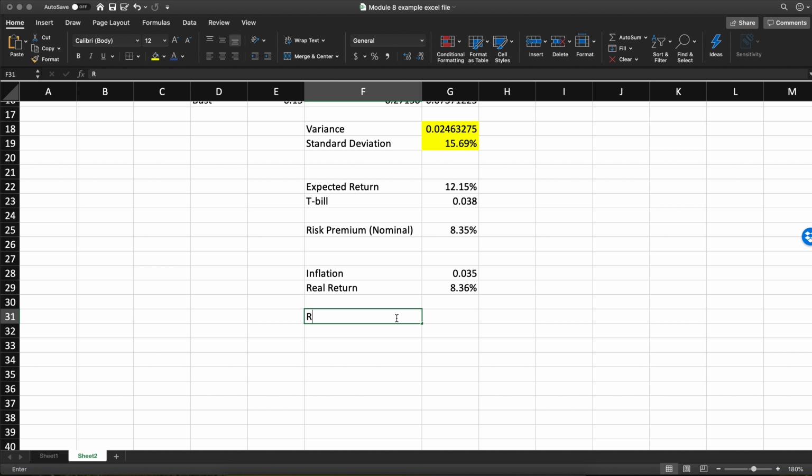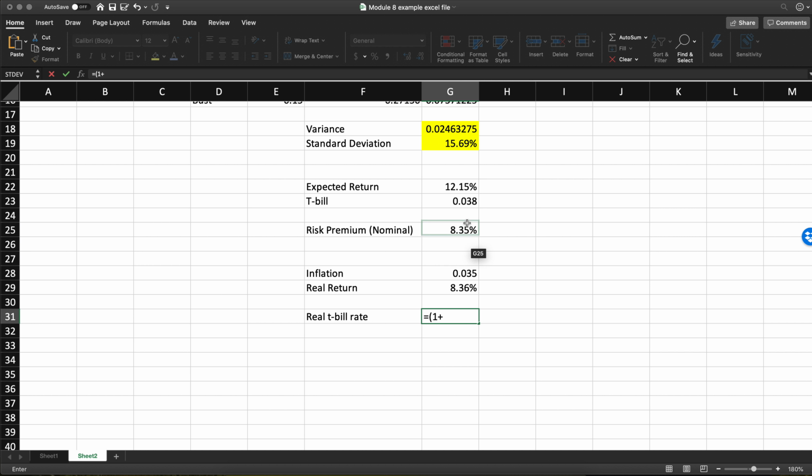Let's see what the real T-bill rate, I'm having trouble typing. That's going to be 1 plus the T-bill rate divided by 1 plus the inflation rate minus 1, and I'm going to put that in percent terms.